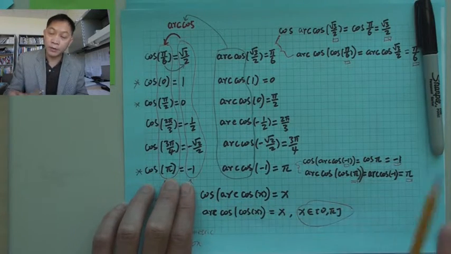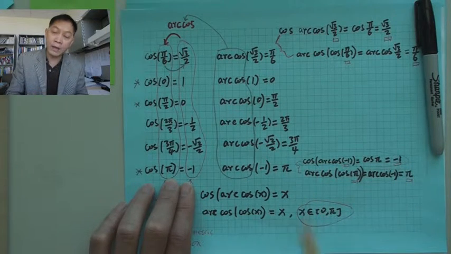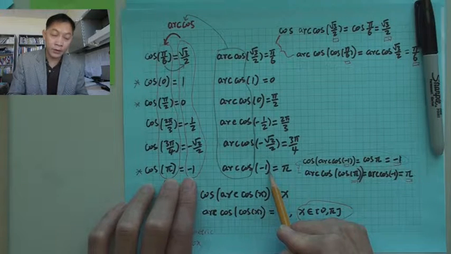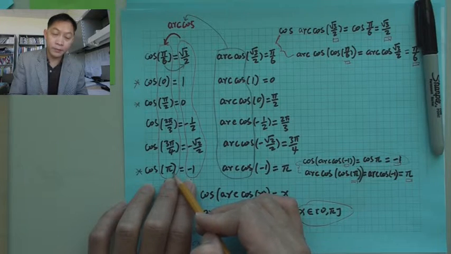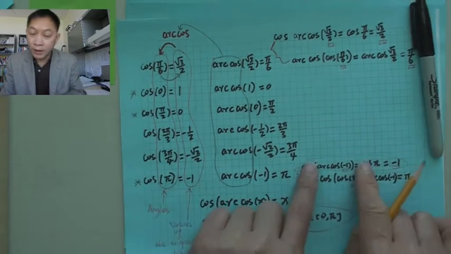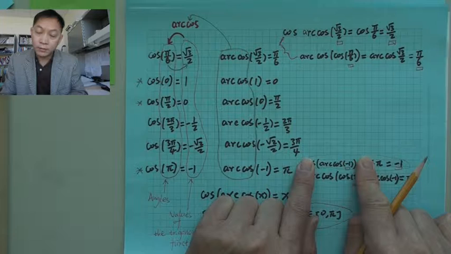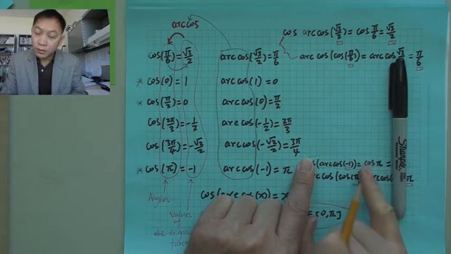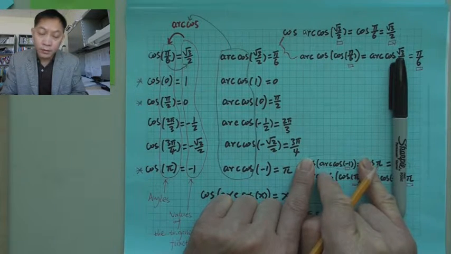So arc cosine of -1 gives you pi, and then cosine of pi is -1.